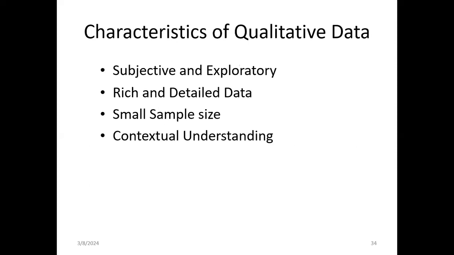Now, what are the characteristics of qualitative data? We saw that of quantitative. For qualitative, it is subjective and exploratory, like I mentioned earlier. Subjective because here your data set is small and you are not looking at numbers, so you cannot be objective about it.